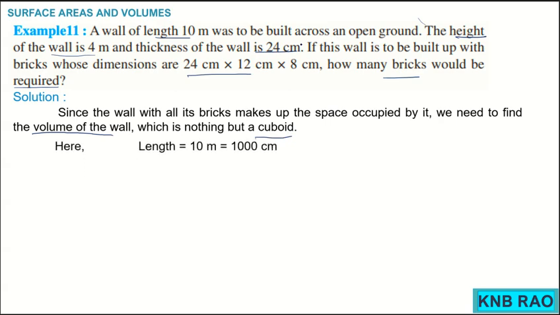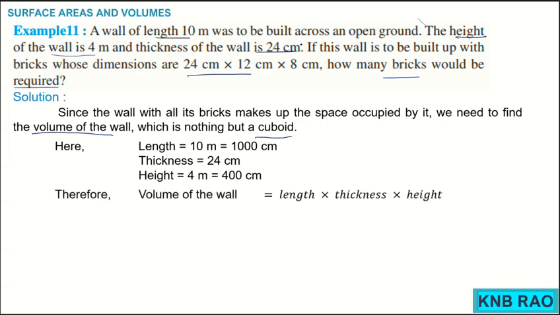Here length is 10 meter, converted into centimeters, 1000 centimeter. Thickness is 24 centimeter. Height 4 meter, converted into centimeters, is 400 centimeters.